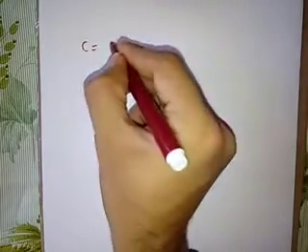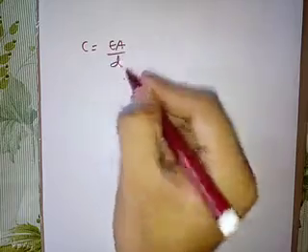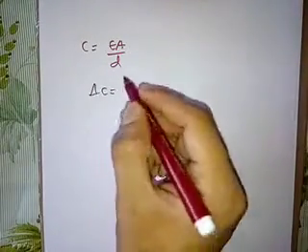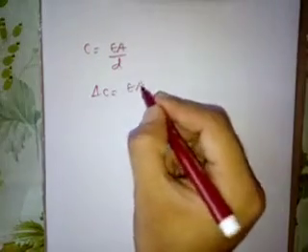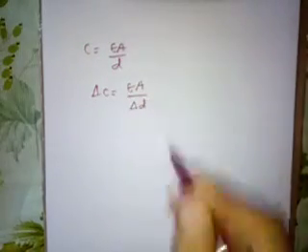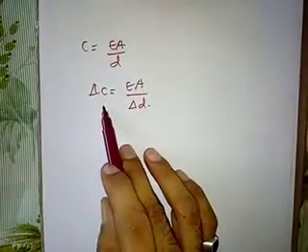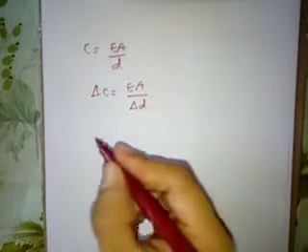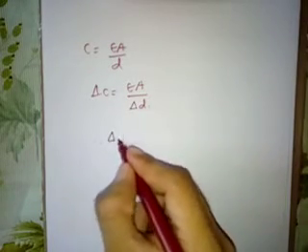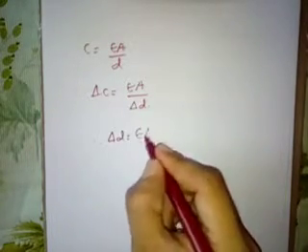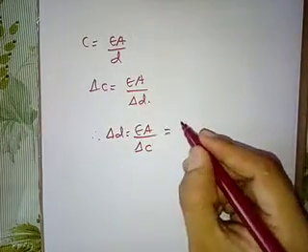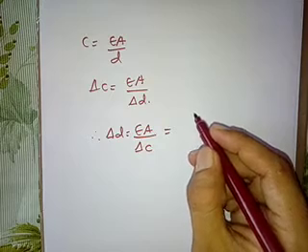So what is the formula here? Formula is C is equal to epsilon A by D, or delta C is equal to epsilon A by delta D. So change in distance is causing the change in capacitance. There was change in displacement, that is delta D, that is equal to epsilon A by delta C. What is the value of epsilon A?